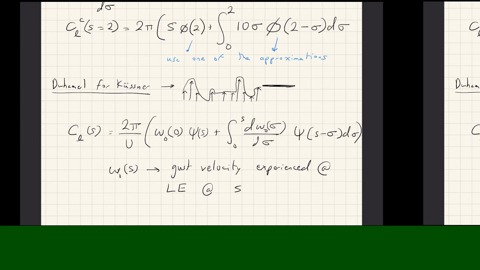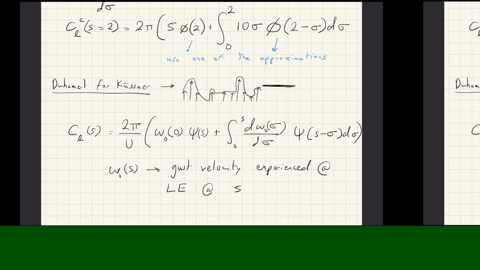However, if you are riding with the wing, in the body frame of the wing, sitting at the leading edge, you experience the gust as a function of time rather than a function of space. And thus, the velocity of the gust here is given by S, which is a non-dimensional time variable.